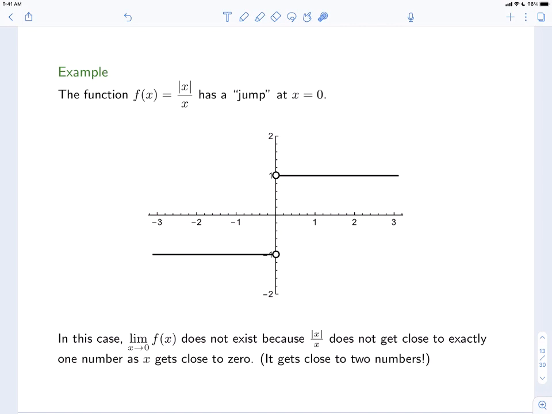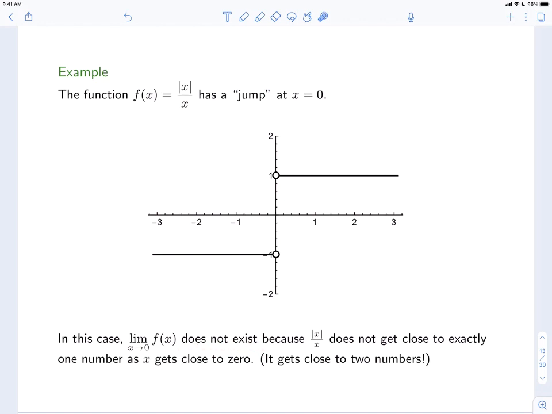But if you're looking at negative values, then all of the outputs are minus 1. If all of the y values are minus 1, then the y value that they're getting close to is minus 1. So you can see that depending on what side you're on, you're going to get a different number for your limit. So the limit doesn't exist.